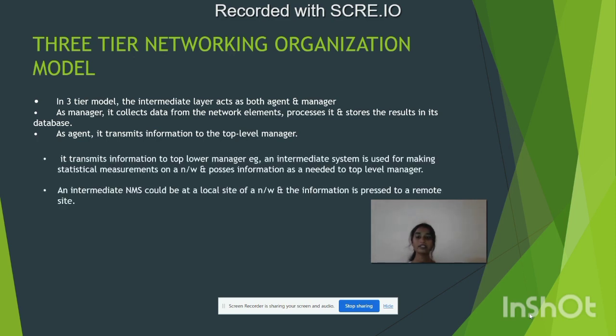For example, an intermediate system is used for making statistical measurements on the network and processing the information as needed for the top layer of the manager. An intermediate network system could be at the local site of the network, and the information is passed to the remote sites.